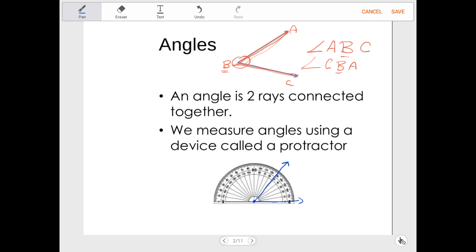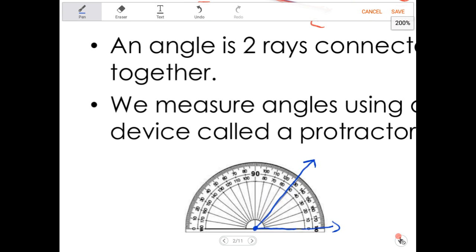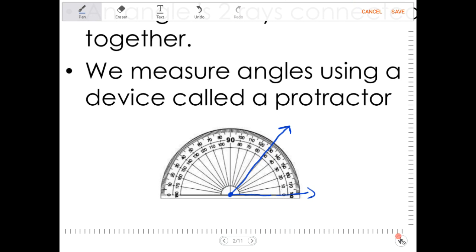You may look at that and say, oh, that's a 50-degree angle. But what a lot of people have trouble with is they say, wait a minute, where you just drew, if I drew it perfectly, it went through 50 and 130. Which one is it?